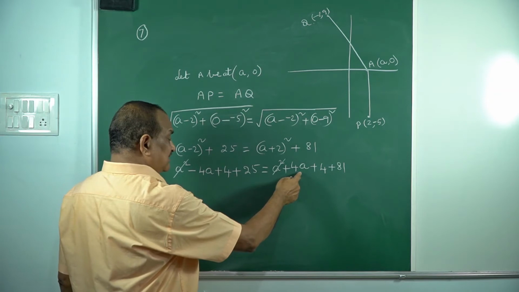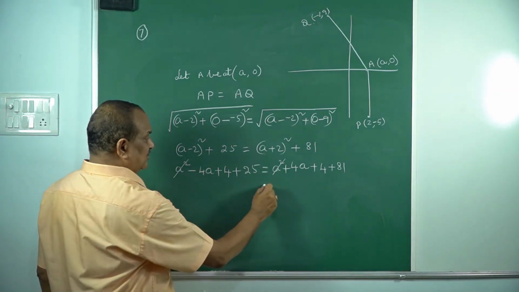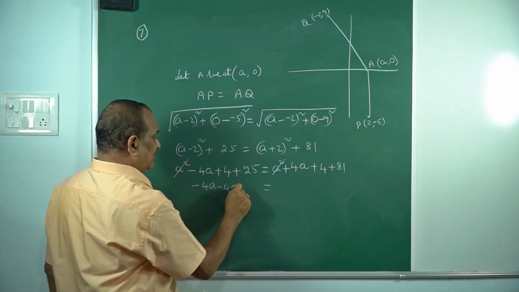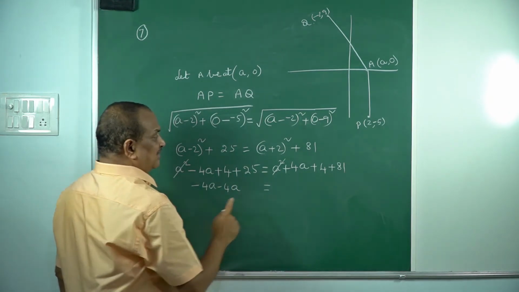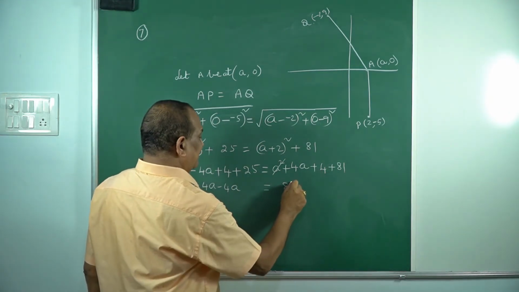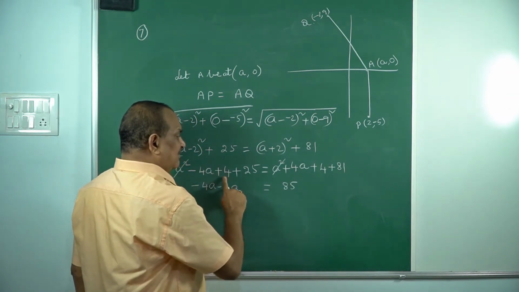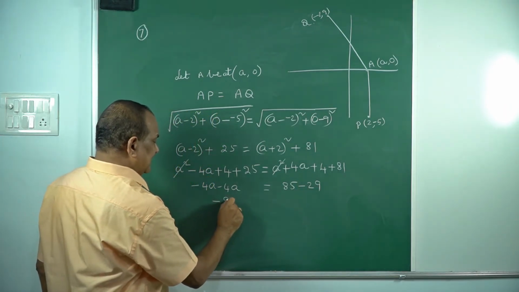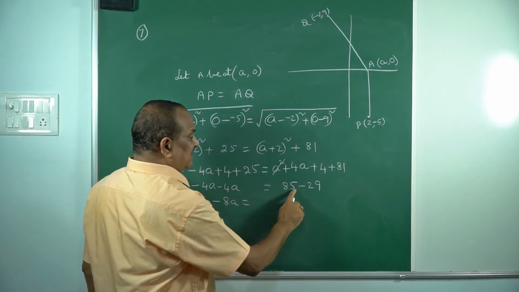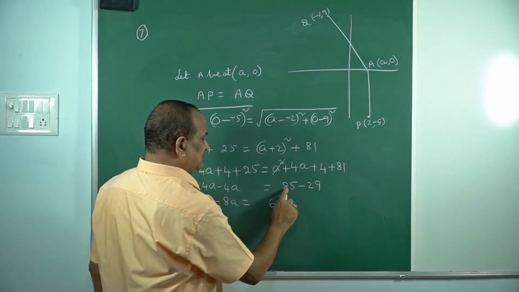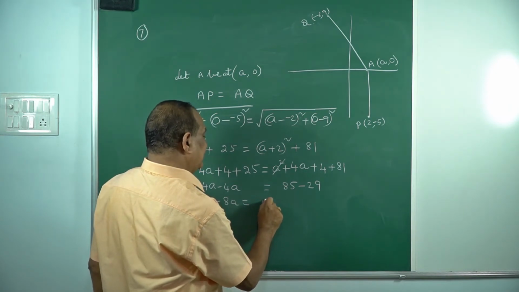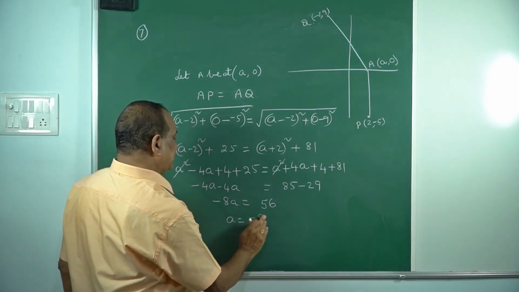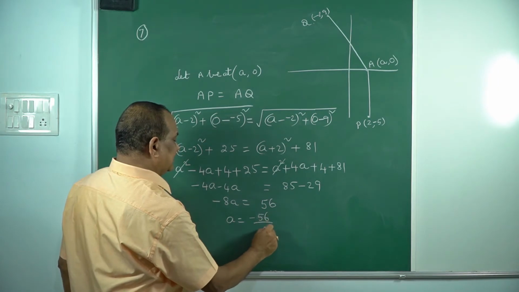The minus 4a comes to this side, becoming another 4a. Now 81 plus 4 is 85. The 25 plus 4, 29, goes to that side, minus 29. If you work it out, this is minus 8a, and 85 minus 29 is 56. Hence a is equal to minus 56 by 8, and minus 7.